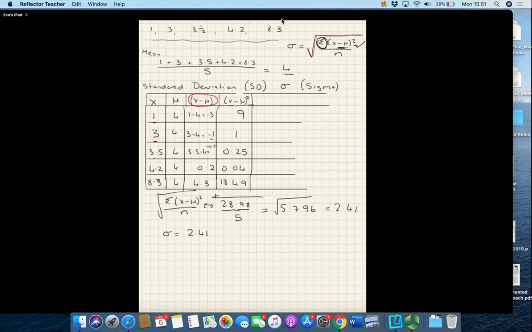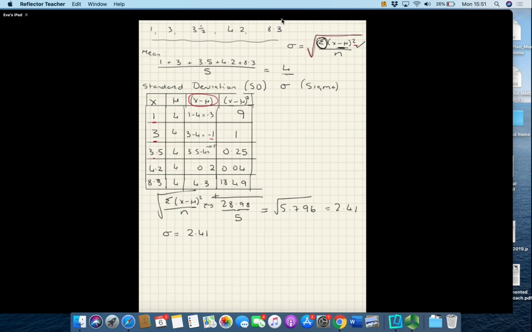Okay, so what does that mean? That means on average, the distance from the points to the mean is 2.41. Okay, so that is standard deviation. That is a measure of spread. Okay, it's considered better because it takes each of the values, as you can see, and it compares them to the mean.